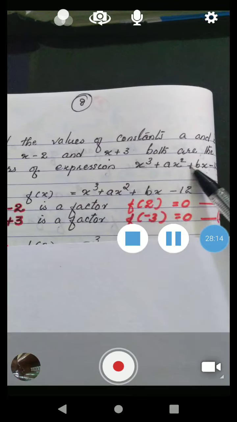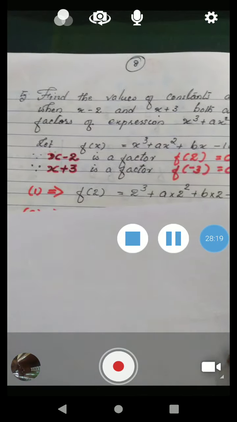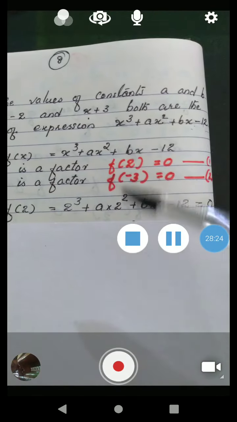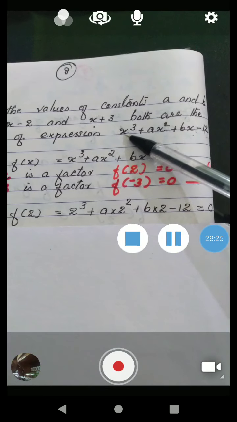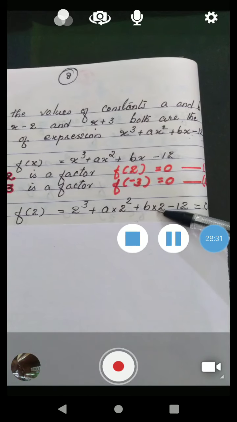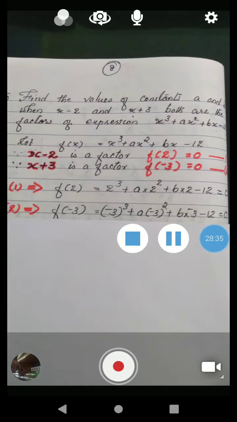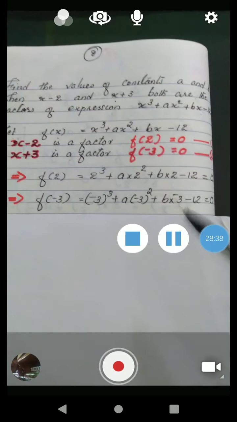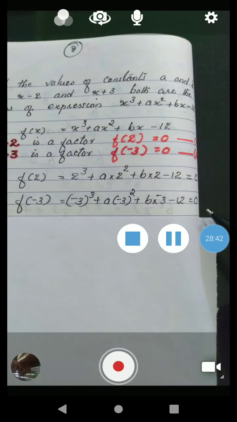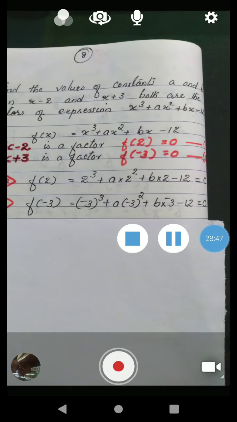Substitute minus 3 here, we get another equation. So, first equation implies f of 2 is 2 cube plus a into 2 square plus b into 2 minus 12 which is equal to 0. And f of minus 3, substitute minus 3 instead of x, you will get this expression which is also 0.